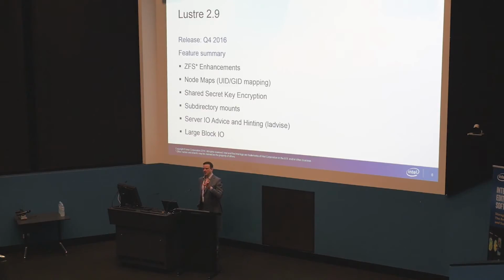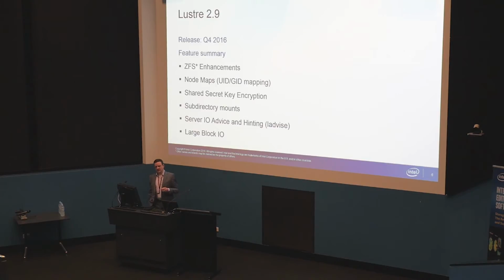This allows you to map UIDs from different realms into the local realm, so you can say, is this UID on site A matched to this UID on site B, and we can use that to provide more global access control. This is very effective. It's very good for campus-wide operations or multi-site operations.